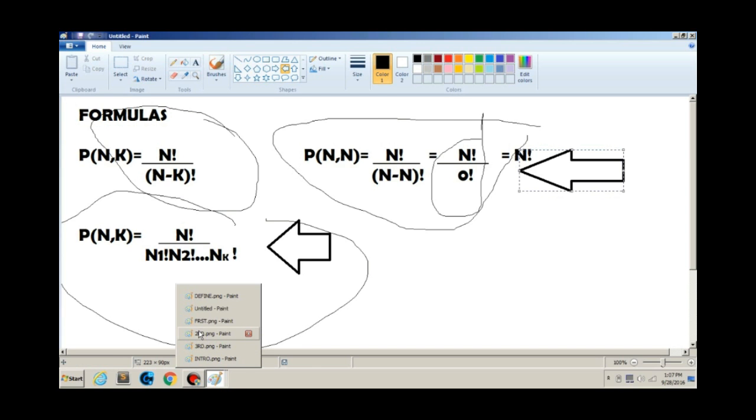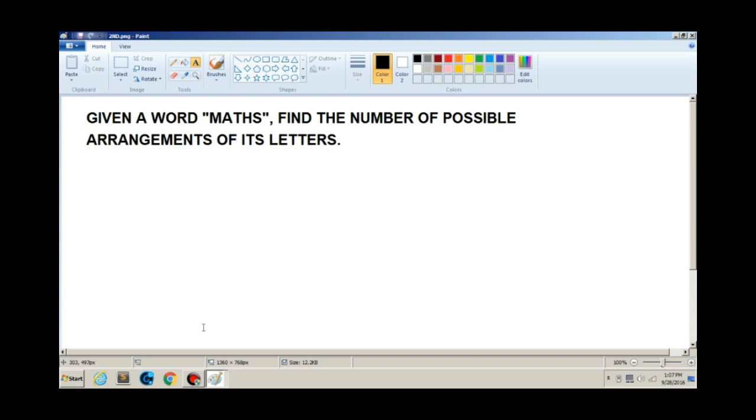And suppose the problem is this: given the word maths, find the number of possible arrangements of its letters. As we can see, the word maths has 5 letters, and there are no letters which are repeating.